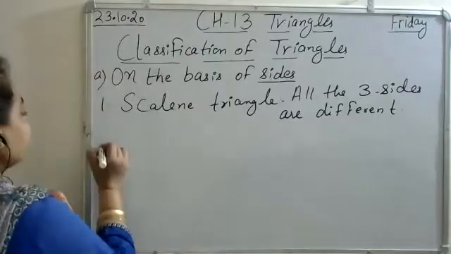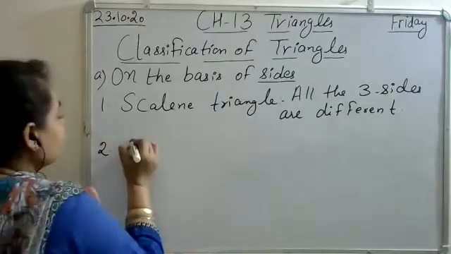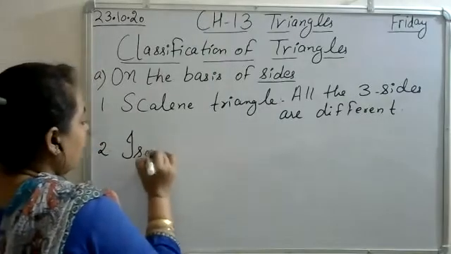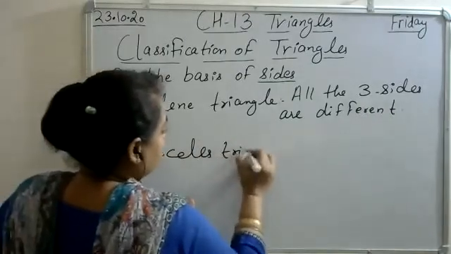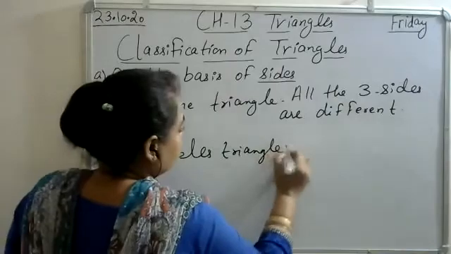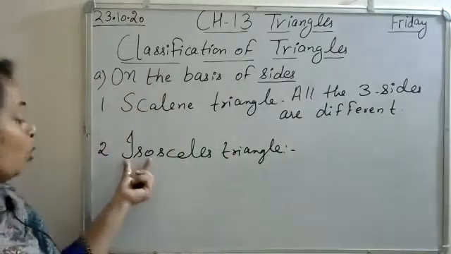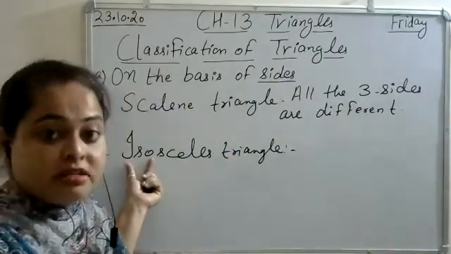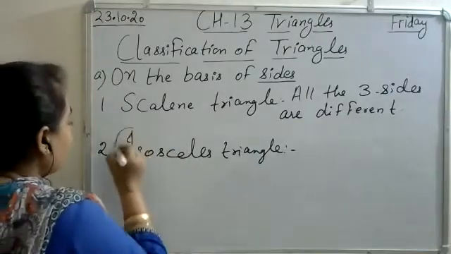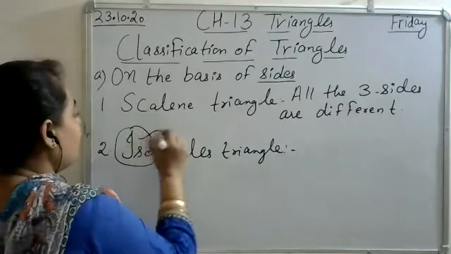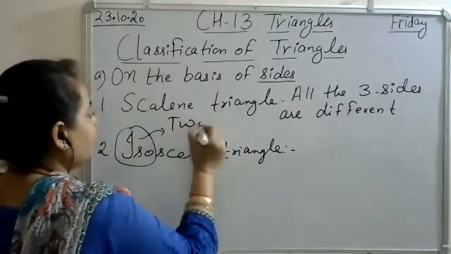Now second classification, isosceles triangle. Iso word is used for two.